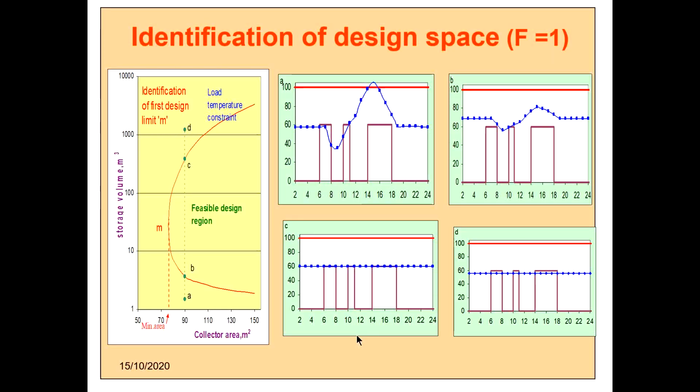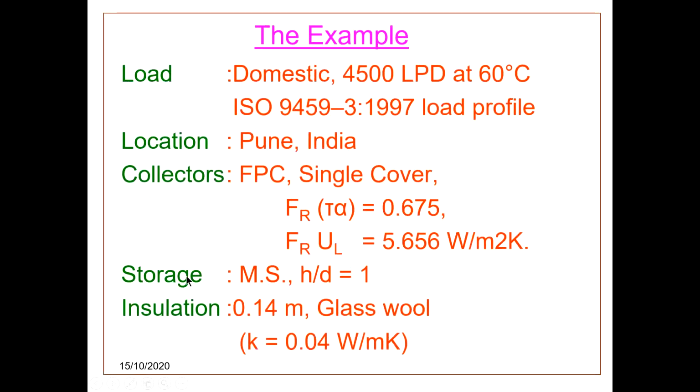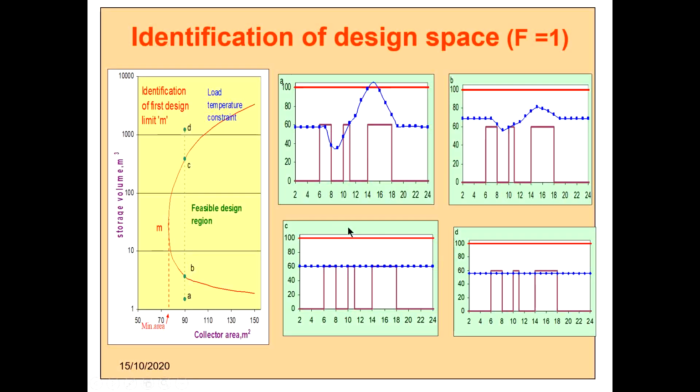In that Excel sheet, if I enter all the parameters, the only unknown will be TSTF. Now AC and VST, these values I change in the Excel sheet. So these are the variables. AC and VST I will change, and then observe the storage temperature profile. So this is a typical thing.